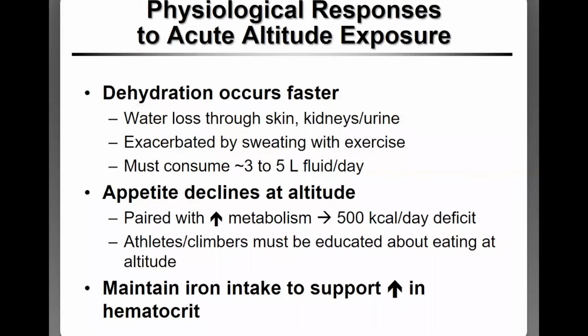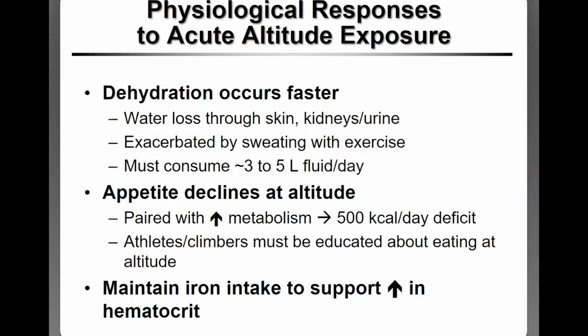But since the air is very dry at altitude, the sweat that we do sweat is going to be evaporated quickly. So we're not going to be able to detect our actual sweat rate. So we won't be able to balance our hydration. So this is one of the reasons why dehydration occurs faster at altitude.